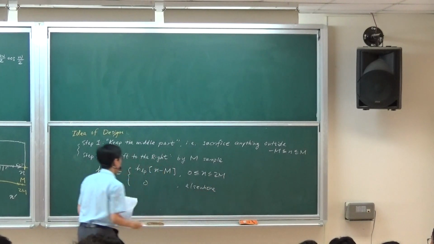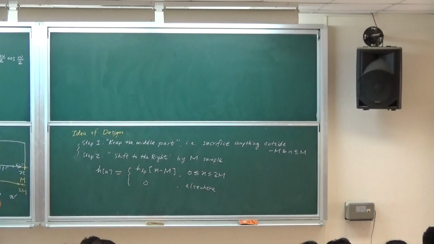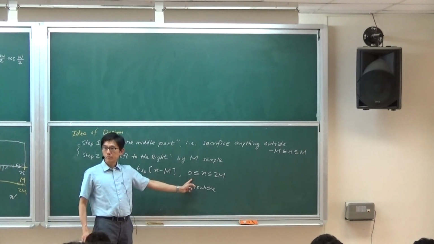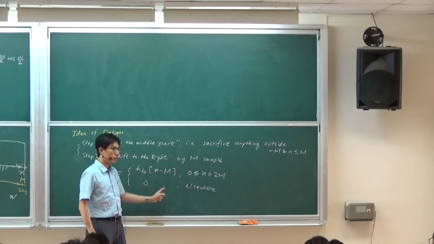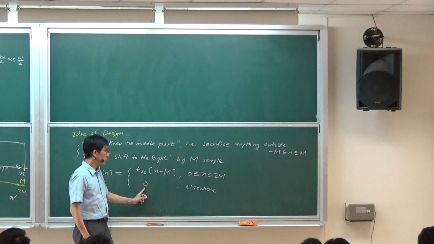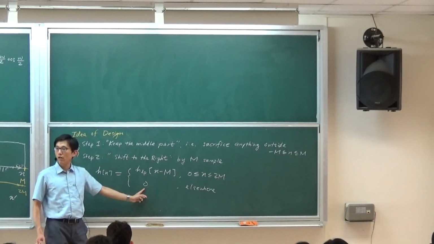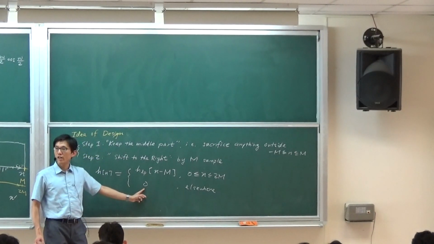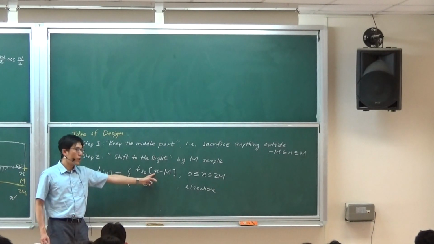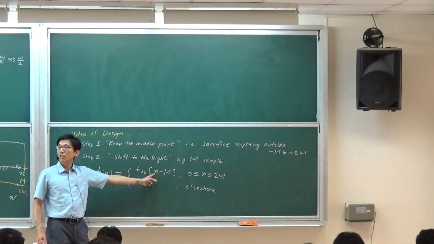So this is the result of our design, the relation between our design and the ideal response. First of all, we just keep the middle part, ignoring the tails outside the range of minus N to N. We set it all to 0 to make our response finite. And then we also shift to the right by N to make it causal.